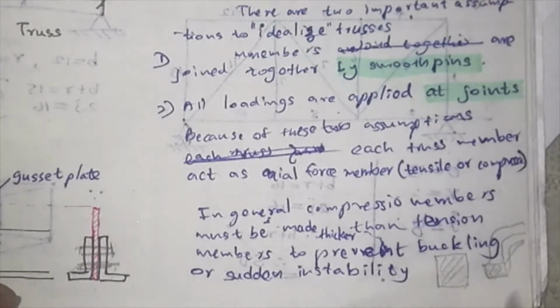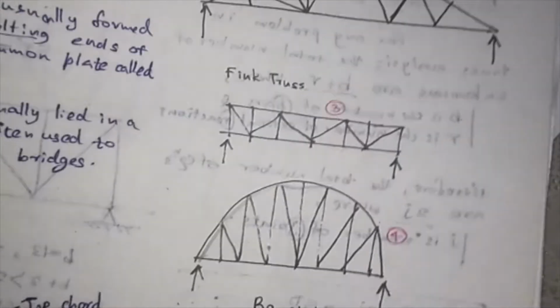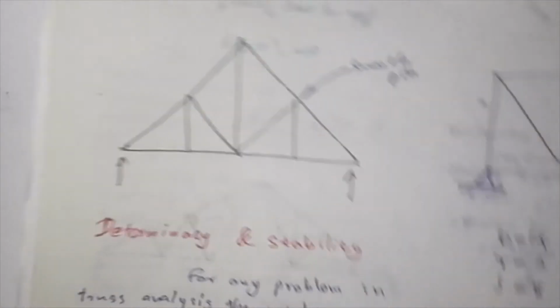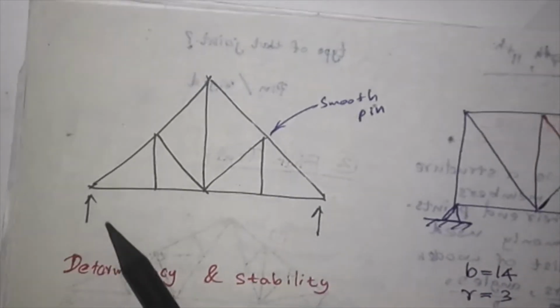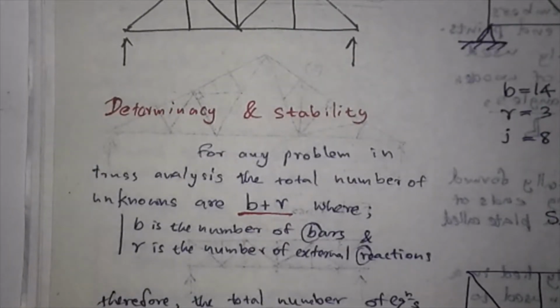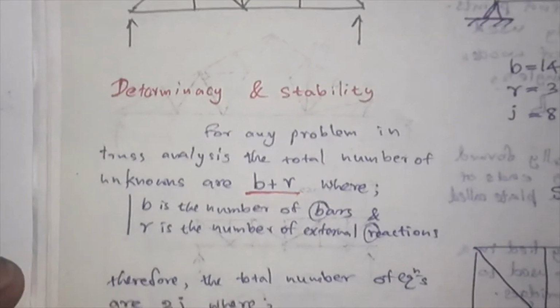So in order to avoid buckling, the section should be much larger. And this is another truss. See here, you have a smooth pin joint here, two supports. Now you need to study determinacy and stability.